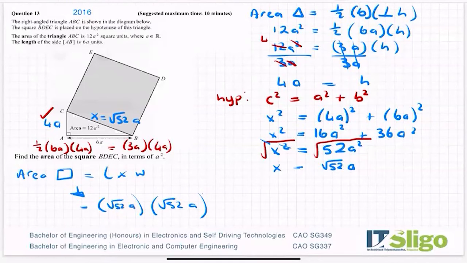Into your calculator put root 52, come out from under the square root sign, hit multiply, and then go root 52 again. And you should get 52 if that goes into the calculator right for you. And then a by a is a squared. So the area of the square is 52a squared. So a tough enough question because it brought together area and trig and algebra.